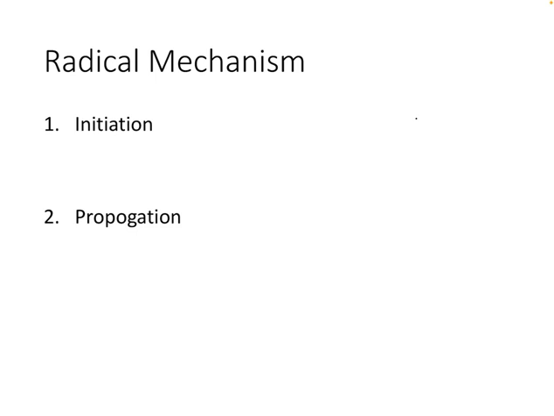So it's going to form our product that we want. And then the last step is on the next slide, termination. And this is where we're going to annihilate our radicals by coupling them together. So they're going to create bonds again.